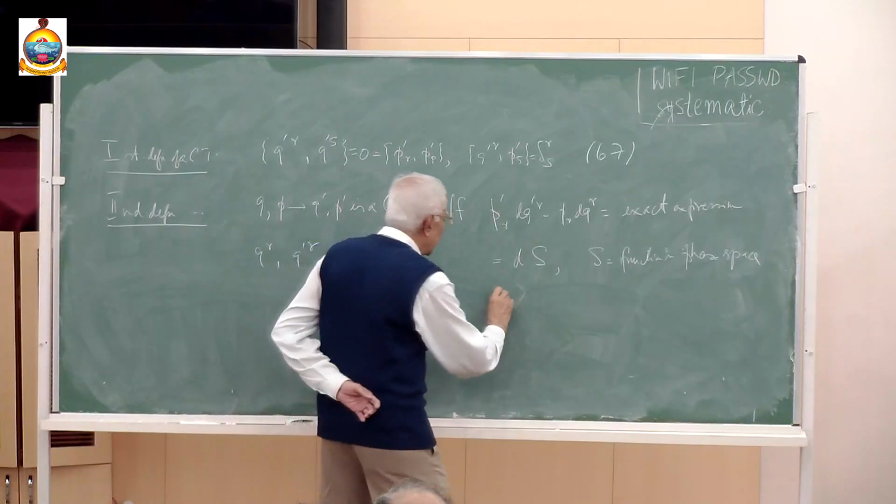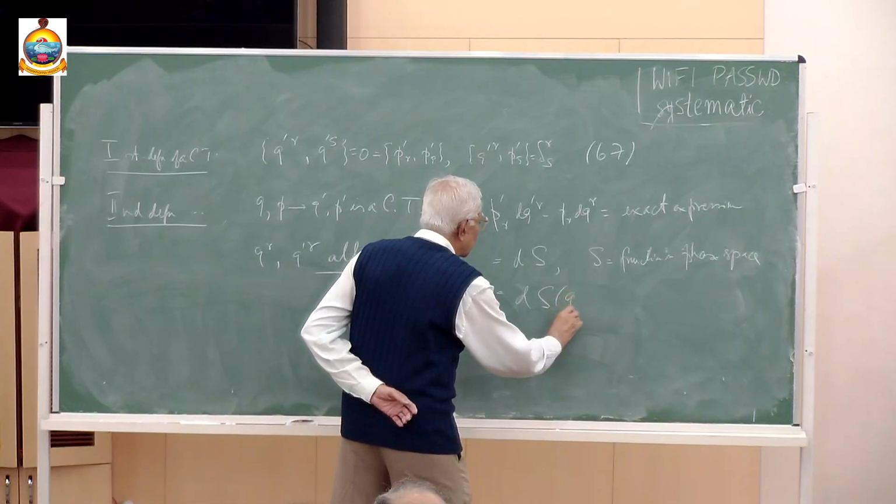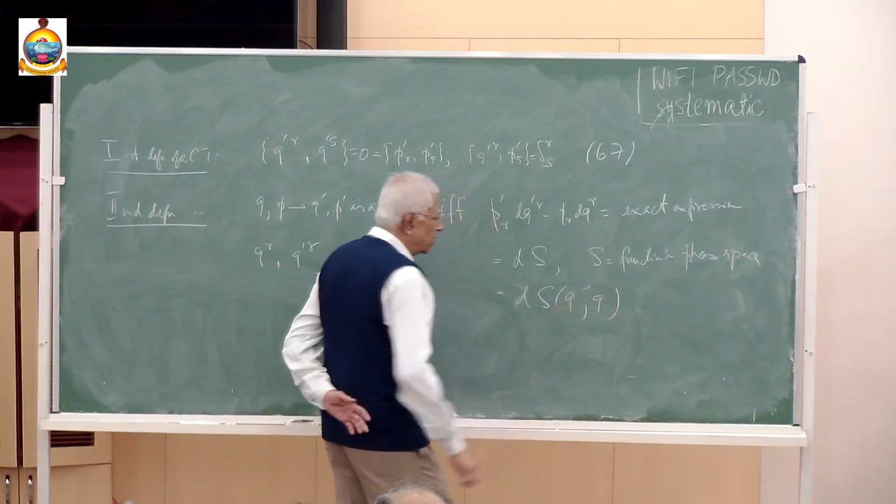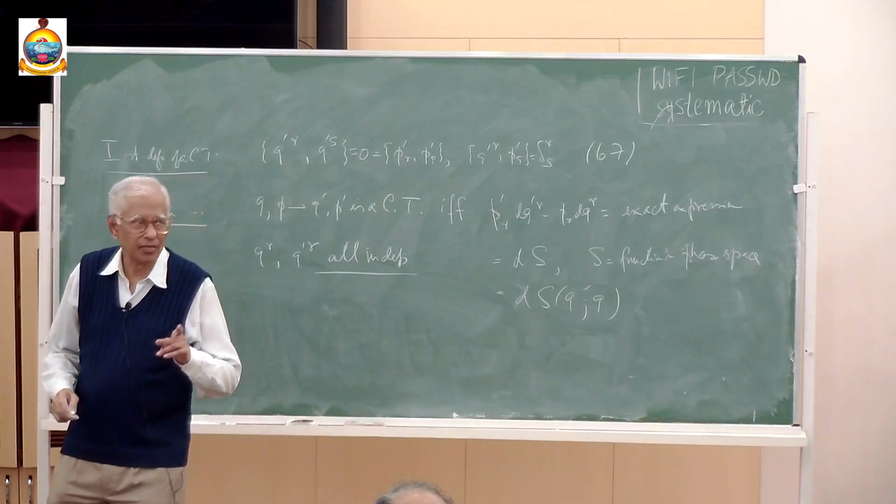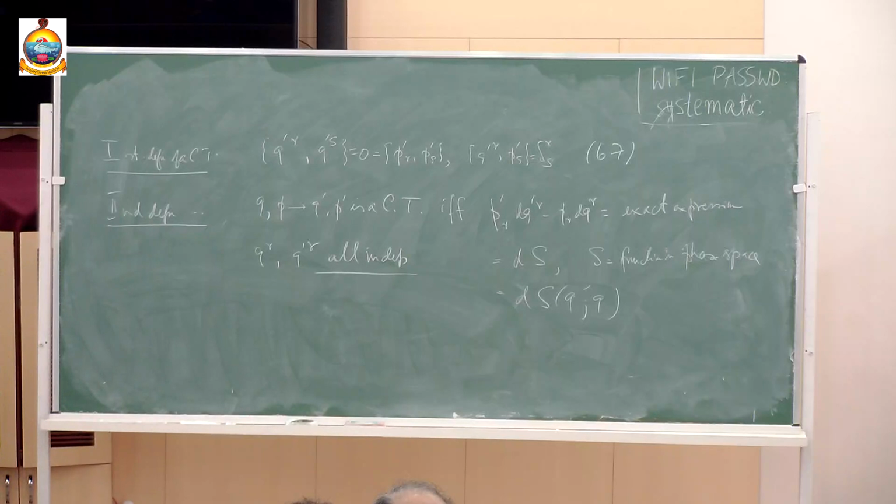In that case, I can certainly imagine writing the function S as a function explicitly of new coordinates and old coordinates. So it is possible only if the transformation involved obliges.